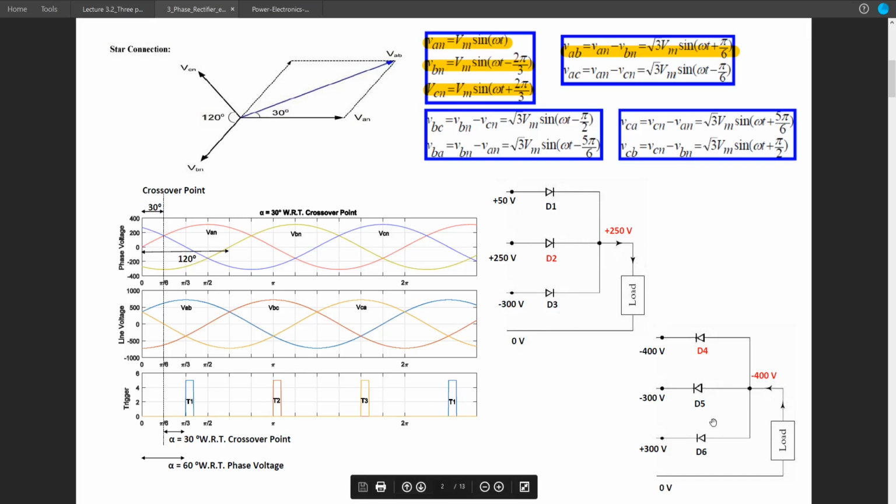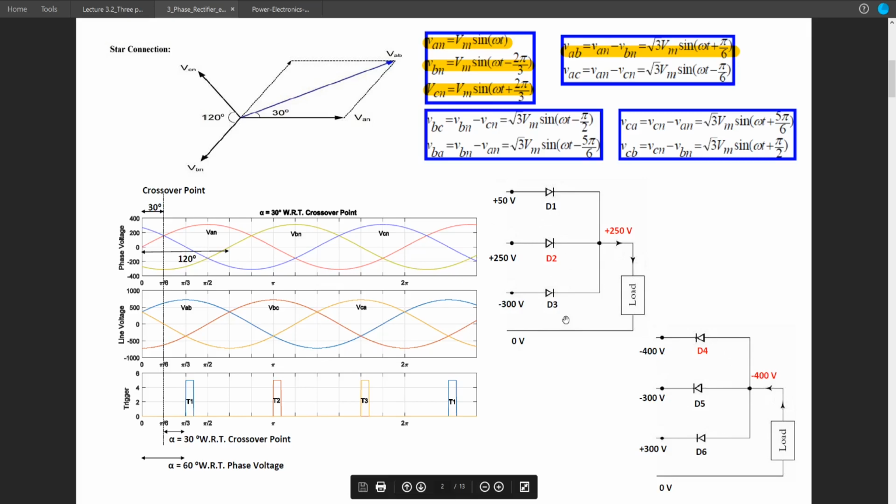But in case of a common anode system, this thing will be reversed. Since the other part of the circuit is connected to the ground, the diode with the lowest voltage in cathode will turn on.